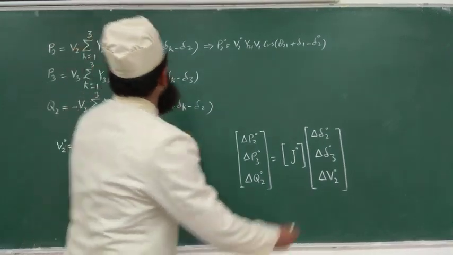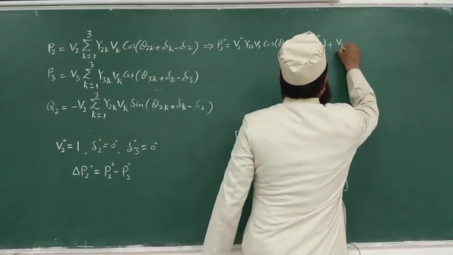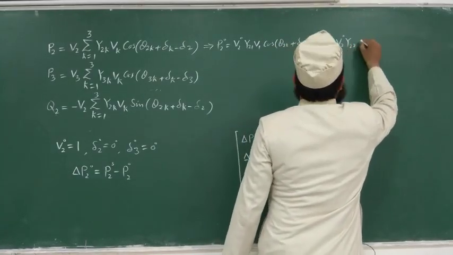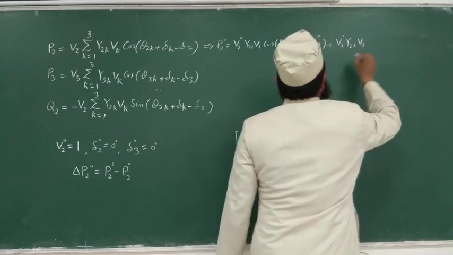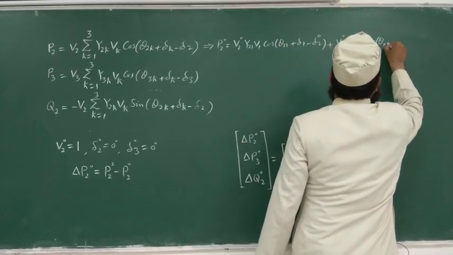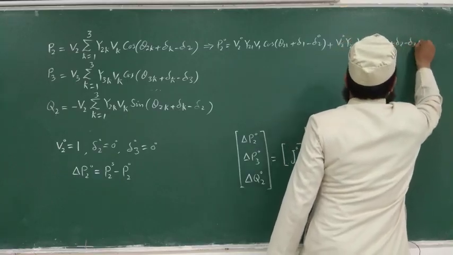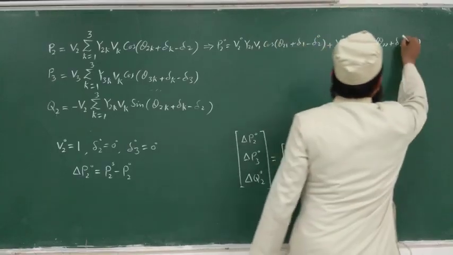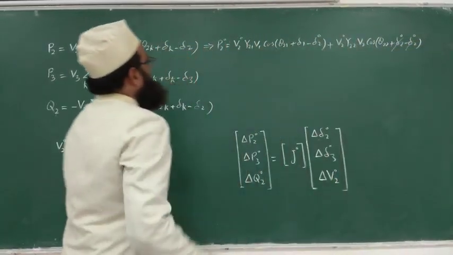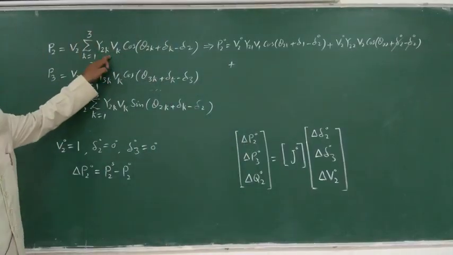Second term, K is equal to 2, so write here plus V2 0 Y22 V2 cos of theta 22 plus delta 2 minus delta 2. This will get cancelled. Okay, 0. This will get cancelled. Plus third term. So third term will be corresponding to K is equal to 3.